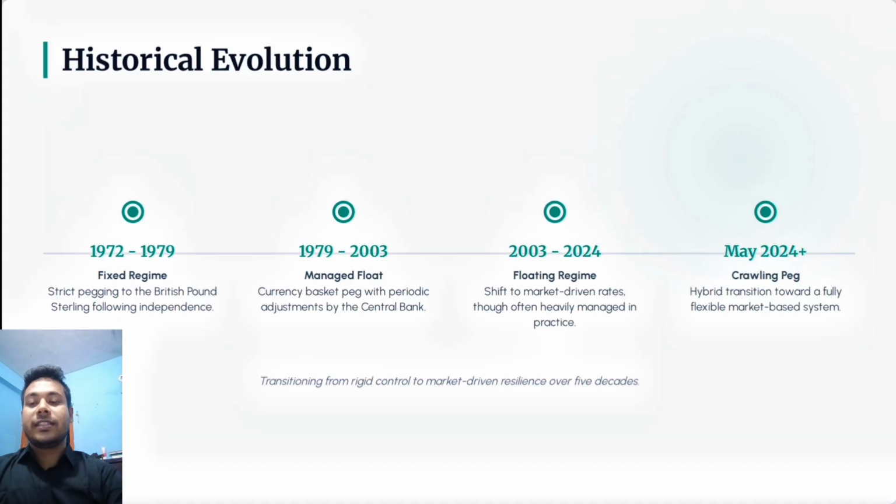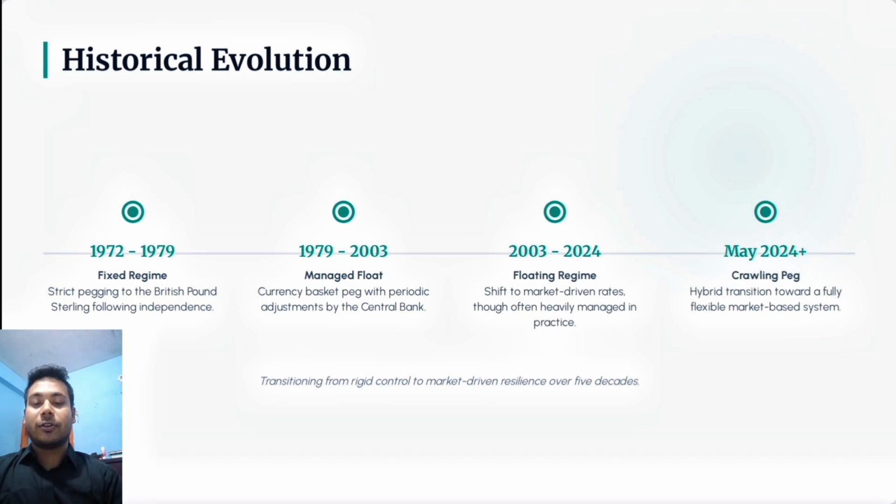The fixed regime denotes strict pegging to the British pound sterling following independence. After that, managed float: a currency basket peg with periodic adjustment by the central bank. And afterwards, we see the floating regime. It shifted to market-driven rates, though often heavily managed in practice.